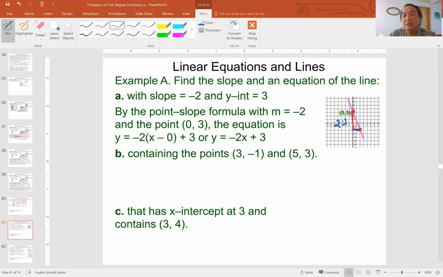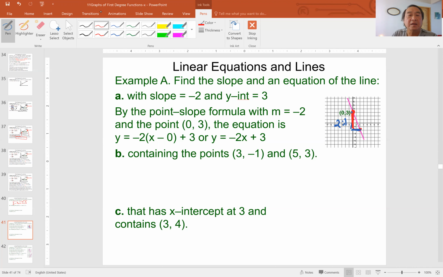The red line is twice as high as the blue line. So that's the geometrical interpretation of the slope. It's negative because the line is pointing in that direction, connecting the second and fourth quadrants.